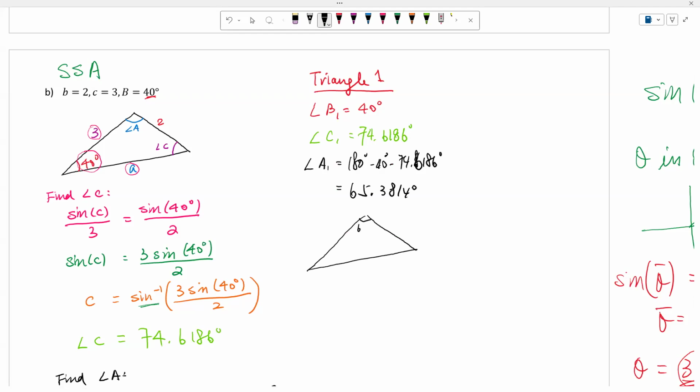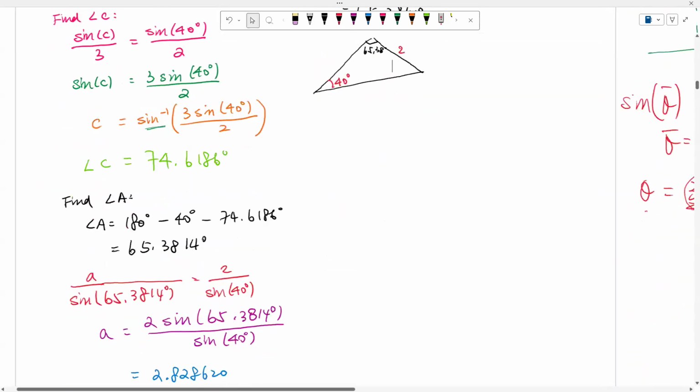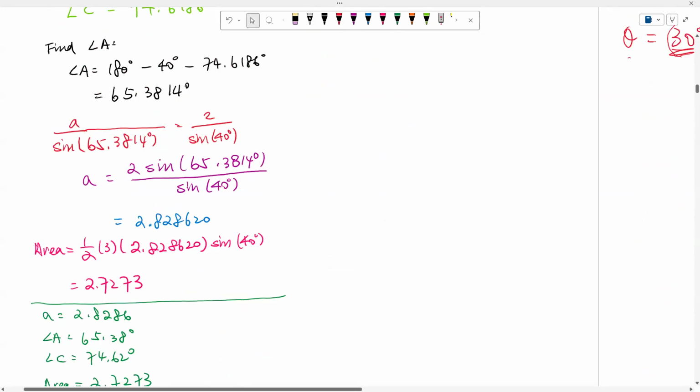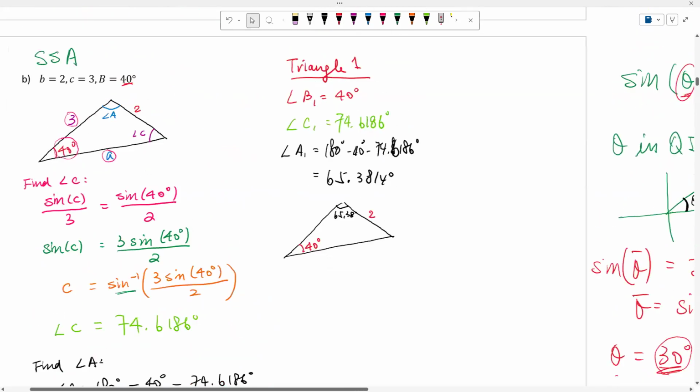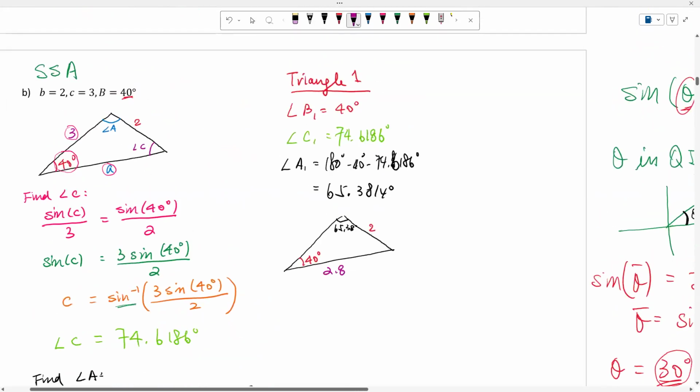So we have this angle A is 65.38, and this angle is 40 degrees. This is 2 right here. With this angle A, we also have a side A, which is 2.8286.